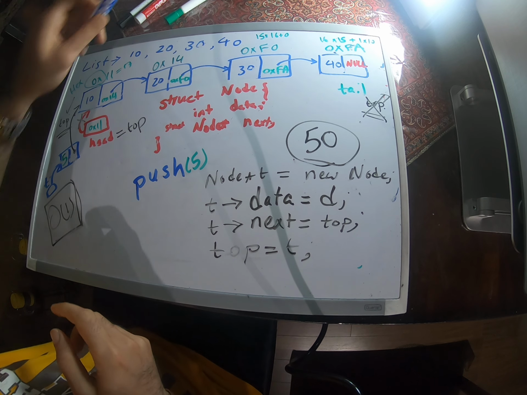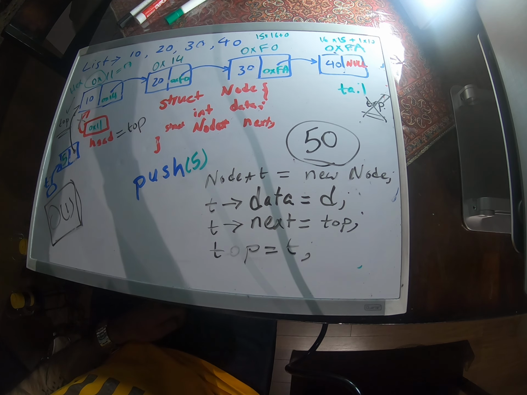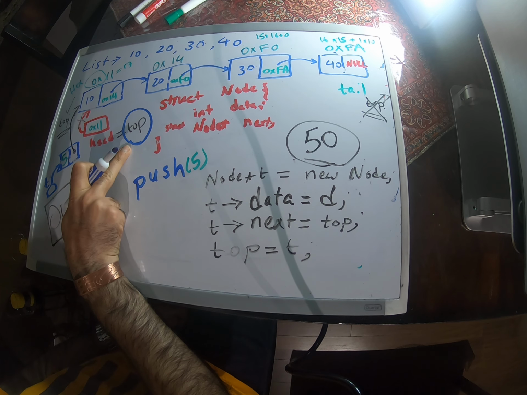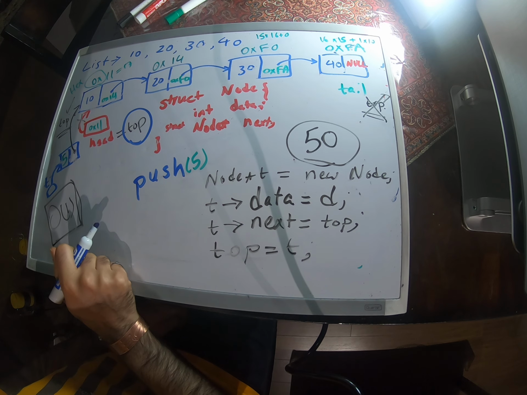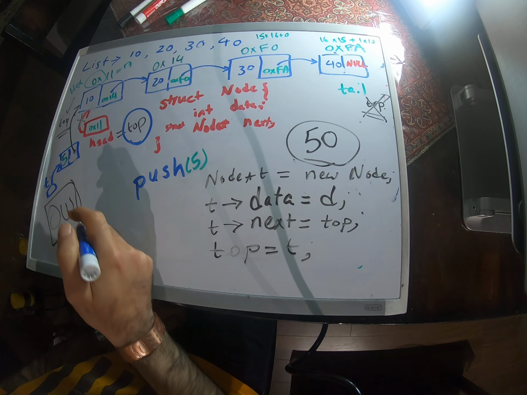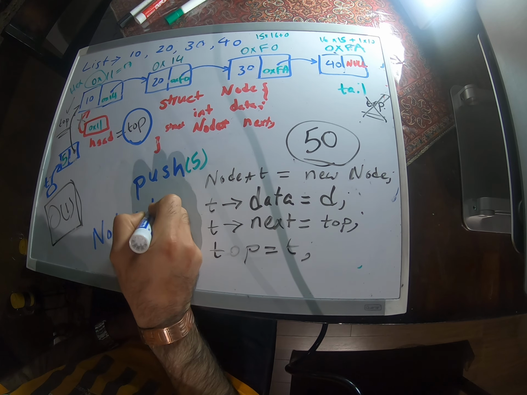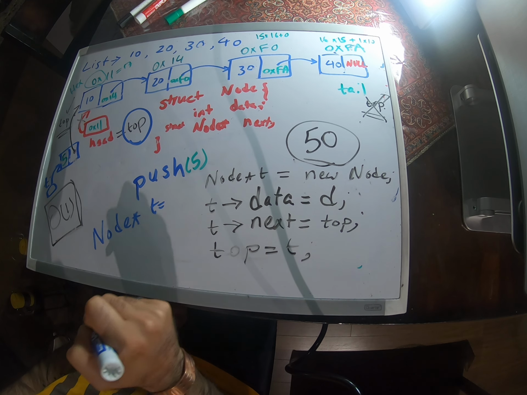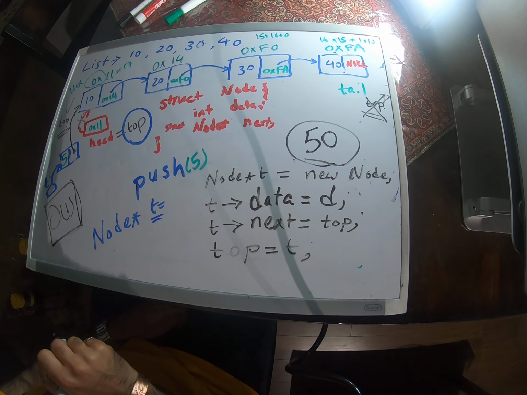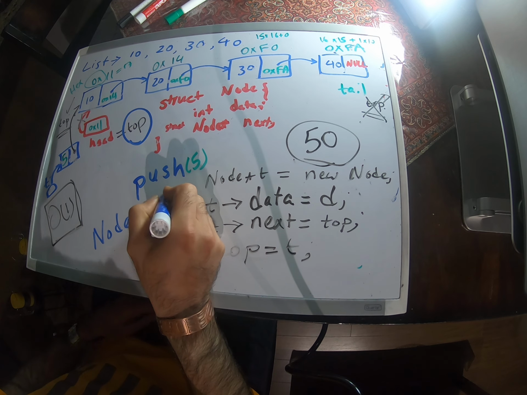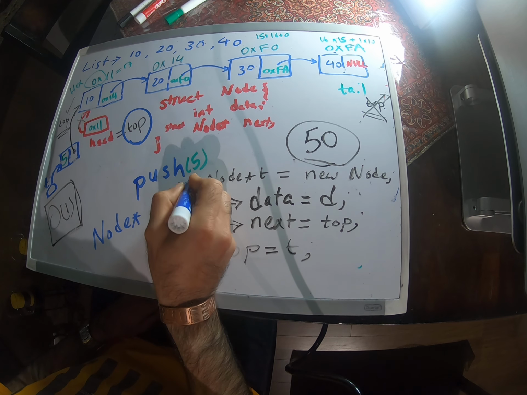It's going to be as simple as having a top pointer, which we can initialize. What should I initialize the top pointer as? If you have an empty list, it means that this is going to be null.